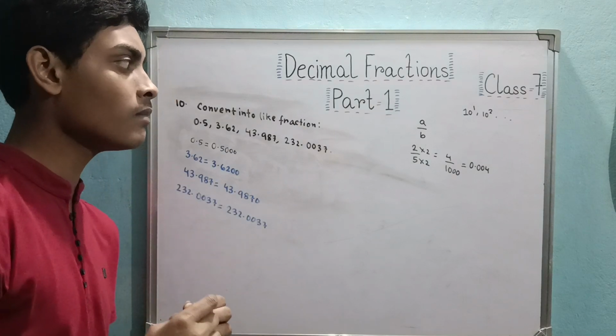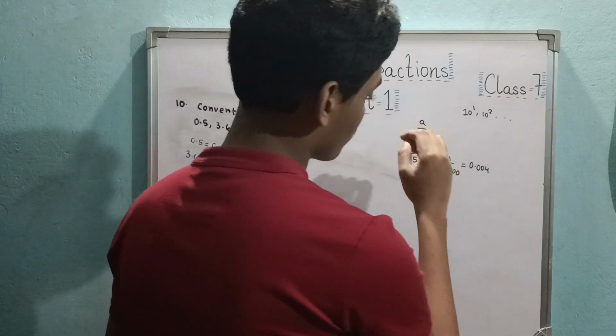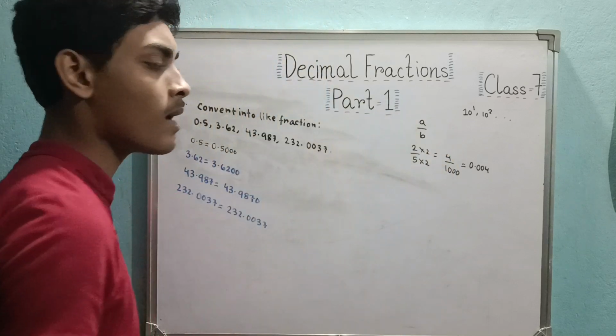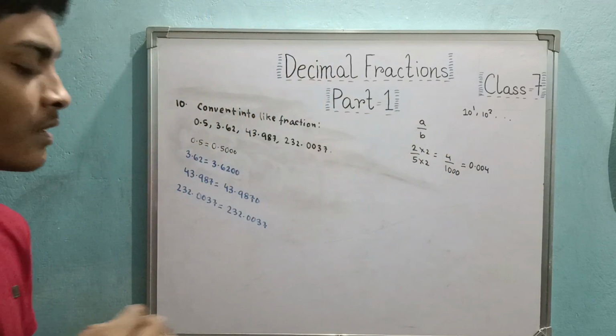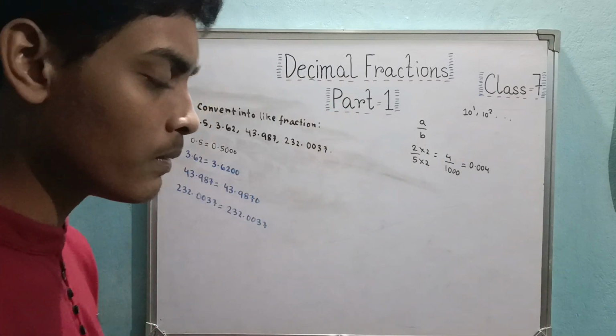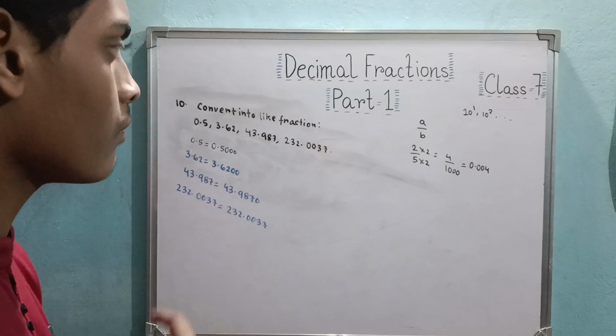So we learned that method, but we also learned that to make the denominator a power of 10, sometimes we have to multiply the numerator by a very huge number, which is very hazardous for us, because doing huge mathematical multiplications in 2 to 3 seconds is not possible for everyone in every sum.